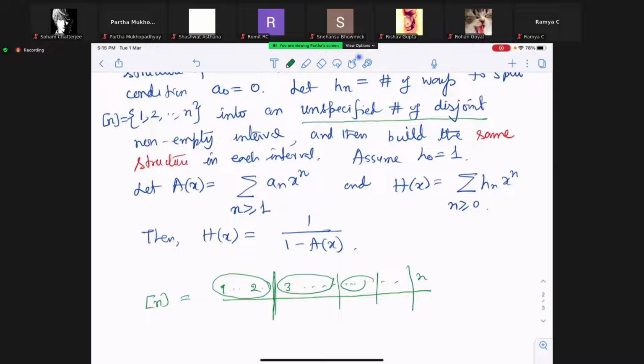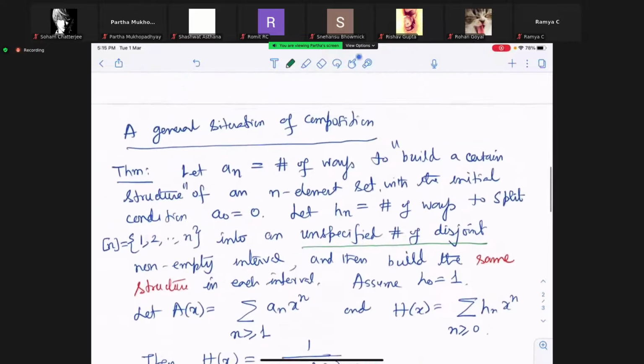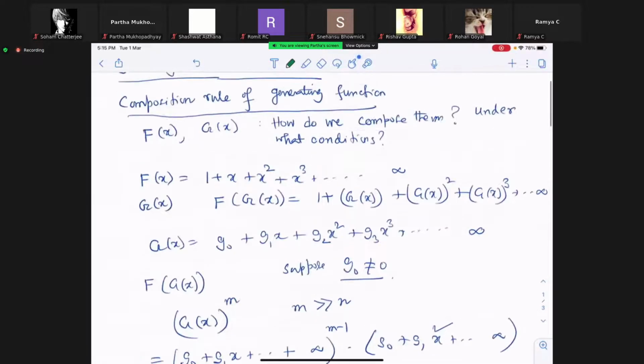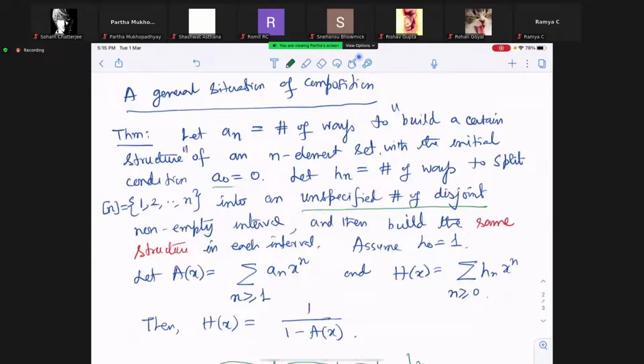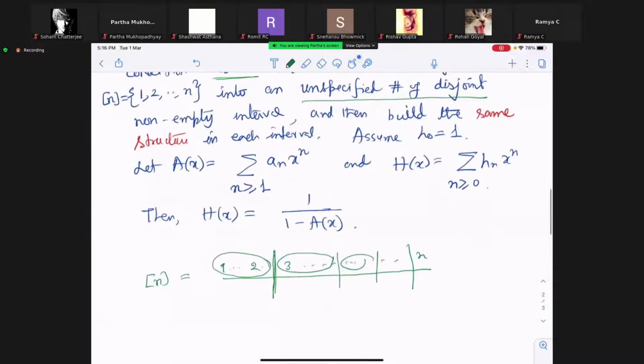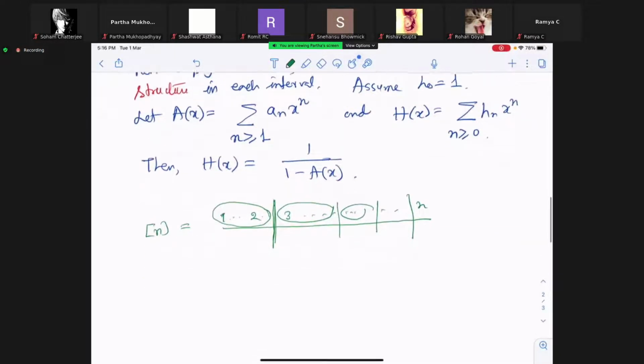It's actually quite simple. It just follows from the fact that the constant term of the thing that goes inside is 0, which is the case here since A0 is given as 0. And then what you do is just a simple geometric series. So why is that?